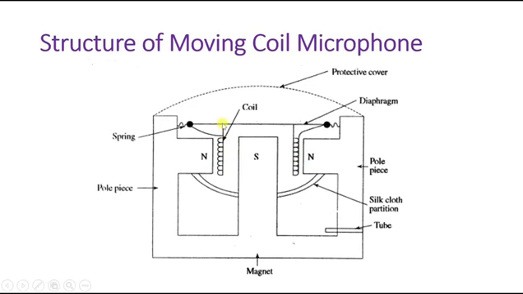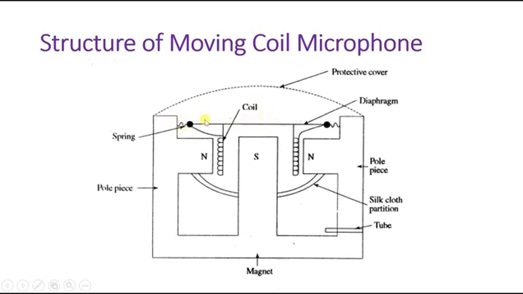Now here one can see the coil is hanging in between this space, and that coil is attached with a diaphragm, and that diaphragm is connected with a spring. So this is how the structure is. Why is the structure connected like this?